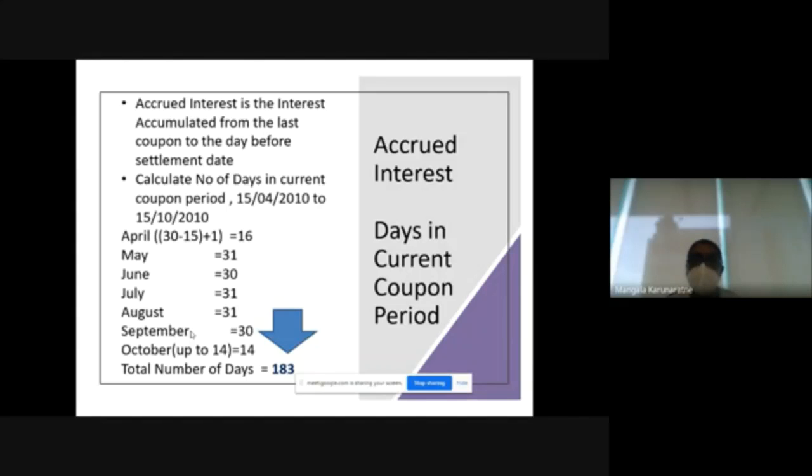Why do I say this is the running coupon? Because we assume that we are in August 2010, and August 9th is the settlement date of this trade.